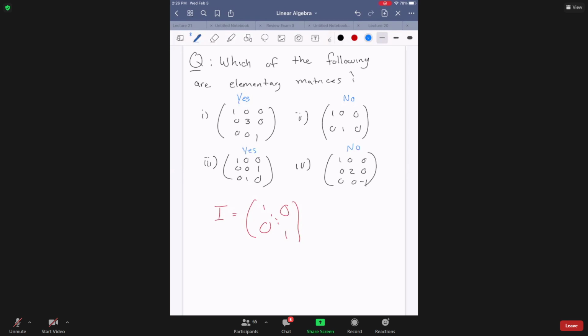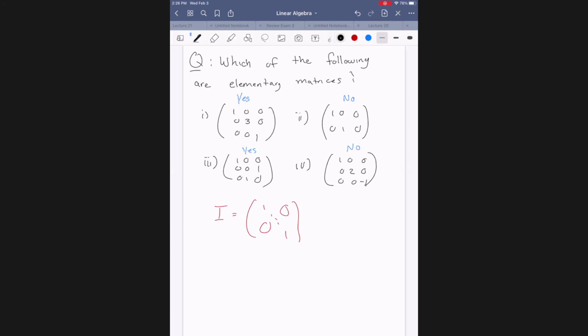I have to multiply the second row by 2, and then the third row by -1. And remember, the definition means I have to obtain it by one single operation. So, perfect.